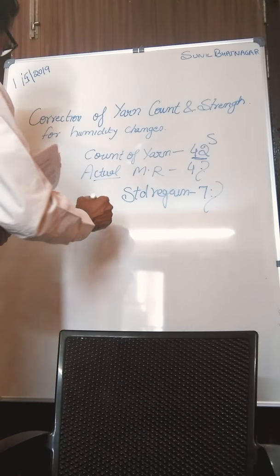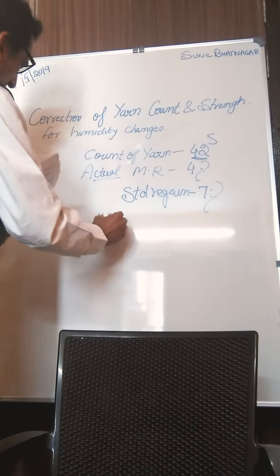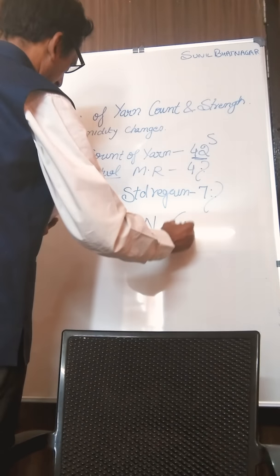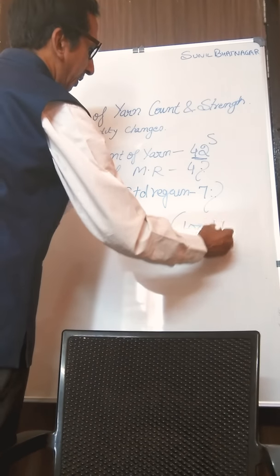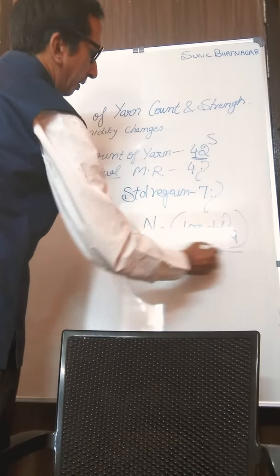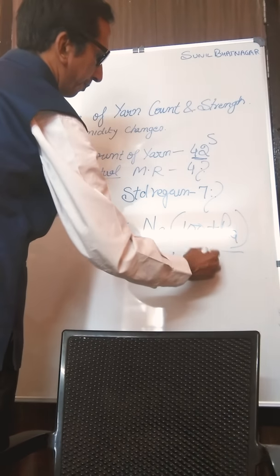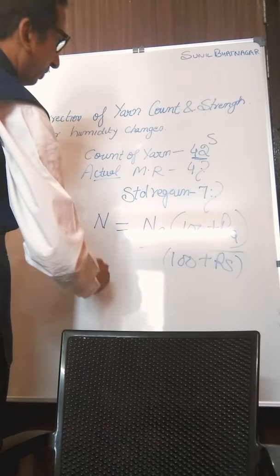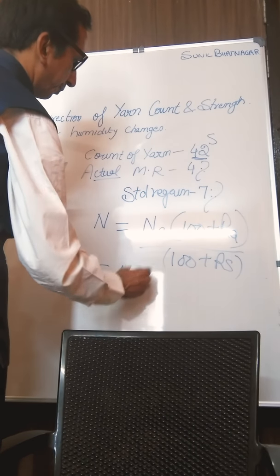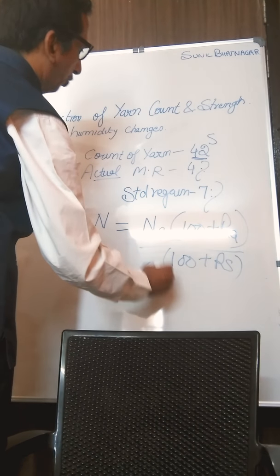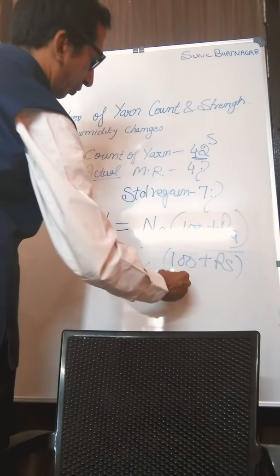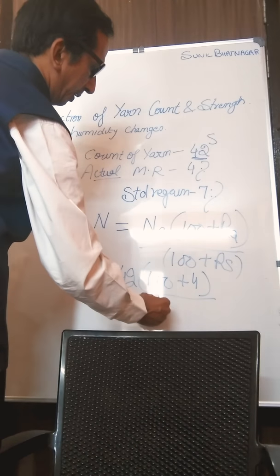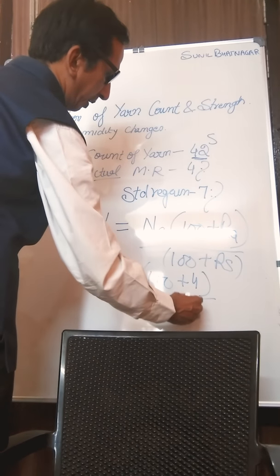Now in this case, as per my formula, it is actual divided by, so it is 42, actual is 4, divided by 100 plus.